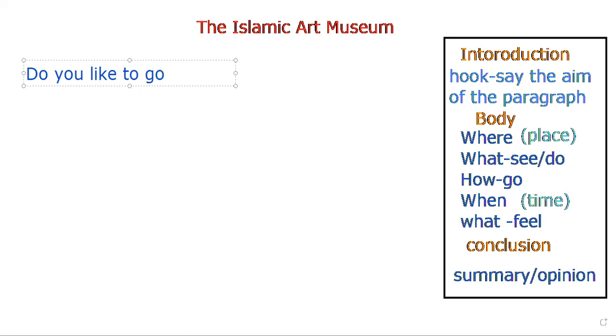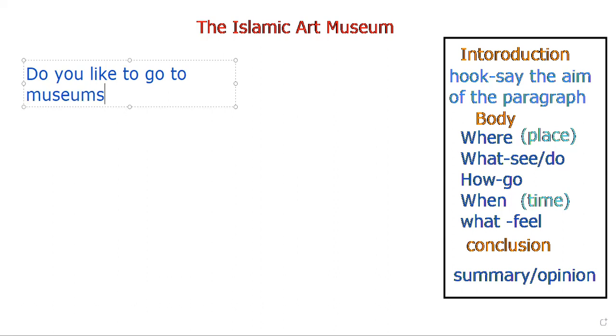Because we need to go inside the museum, not just see it from outside. See means just to see a museum. When I'm walking on the street and I see the museum, it's nothing. To go to a museum or to visit a museum. Okay. Do you like to go to museums?